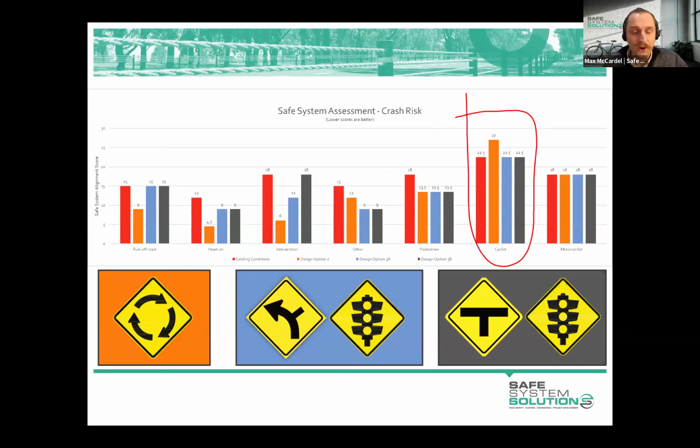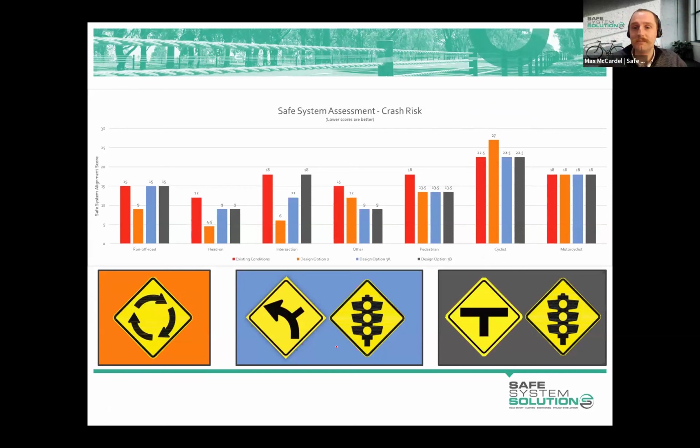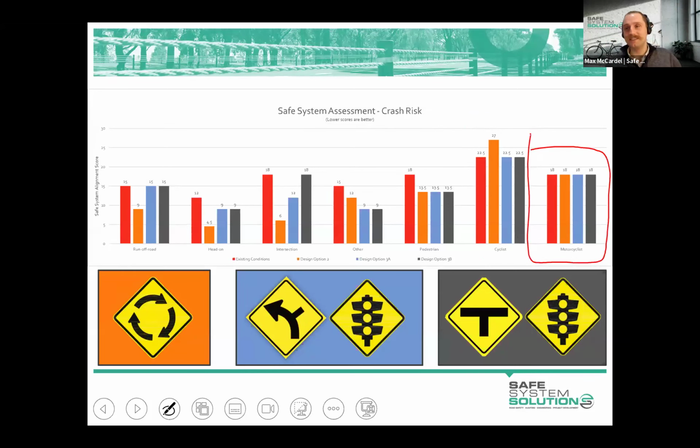The final note that I wanted to make on this slide here is just the motorcyclist level of risk. You can see that it remains consistent. That's actually not uncommon.